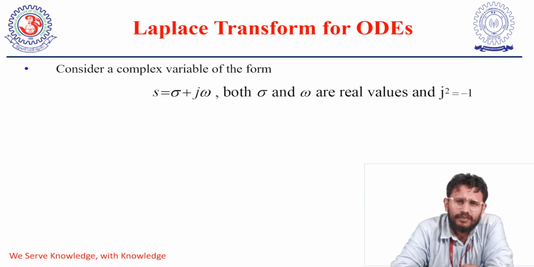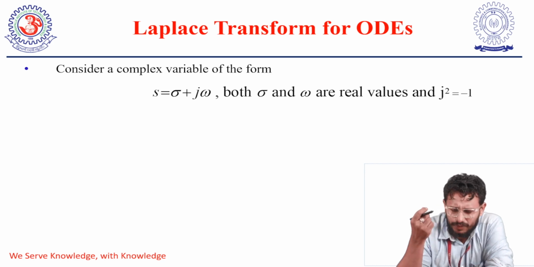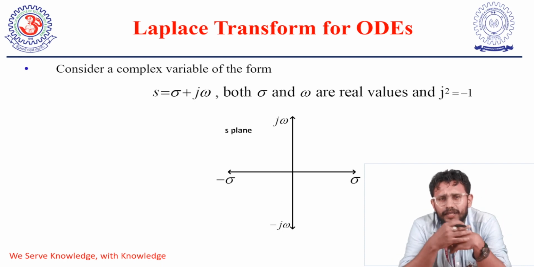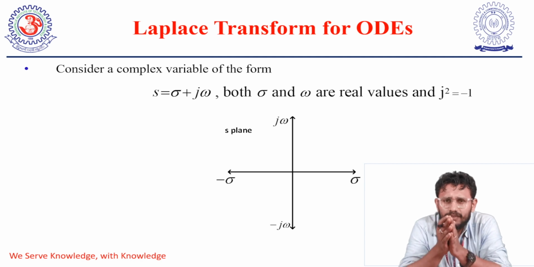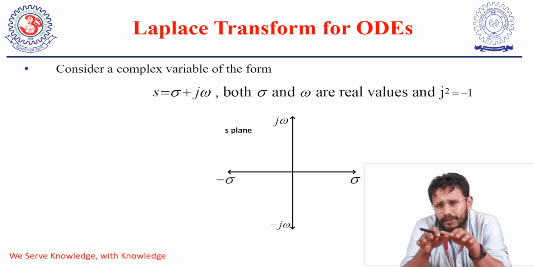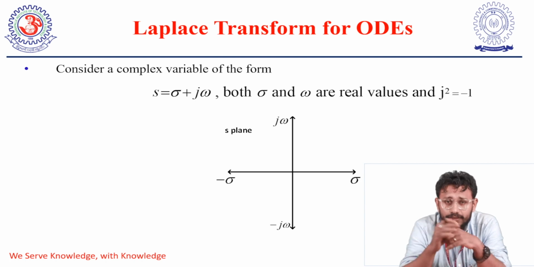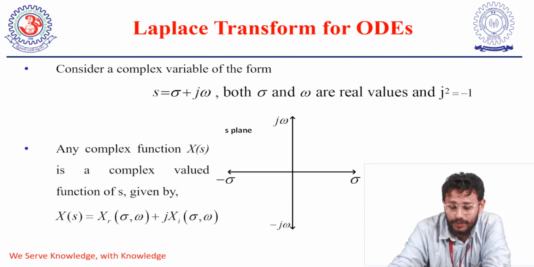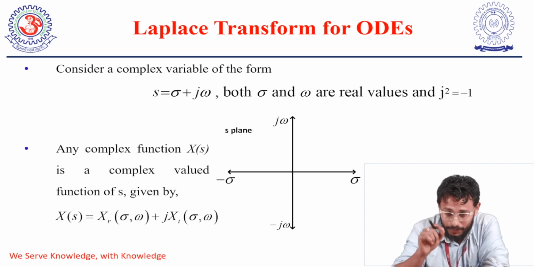When I say the term S, what I mean is, if I consider a complex plane, wherein the x-axis represents the real axis and the y-axis represents the imaginary axis, then any complex function in this plane will be a complex valued function of S, given by some real function of sigma and omega added with some imaginary function of sigma and omega. This will make more sense when we check what exactly this term S means.